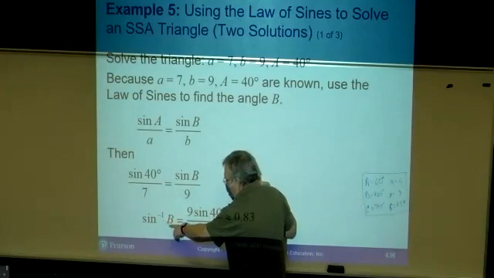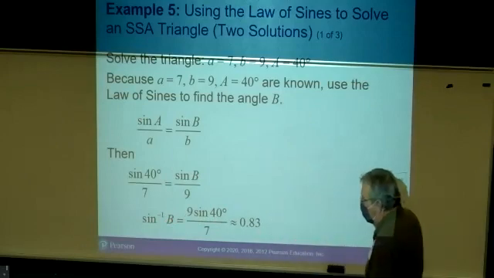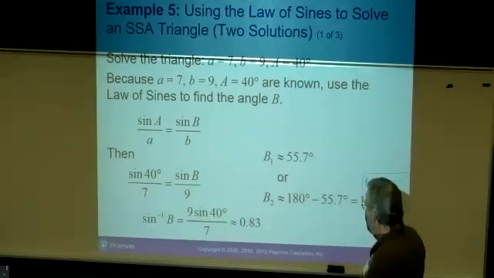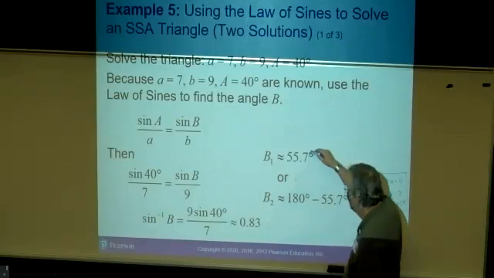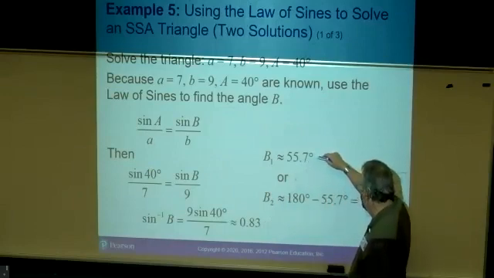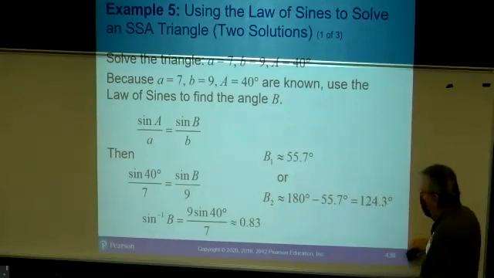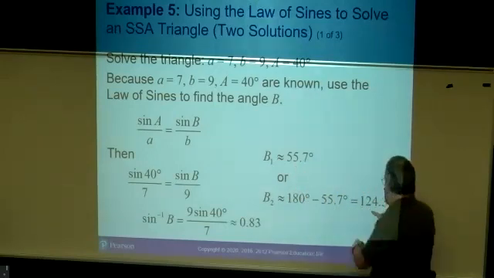If they're going to throw a sine inverse, they have to do sine inverse of this will equal B. But that should be sine of B. And then do the sine inverse of this number. The sine inverse of this number will give you 55.7 degrees. Or B can be 180 minus 55.7. So you have these two potential angles. This one definitely will work, but now I need to see if this one will work.